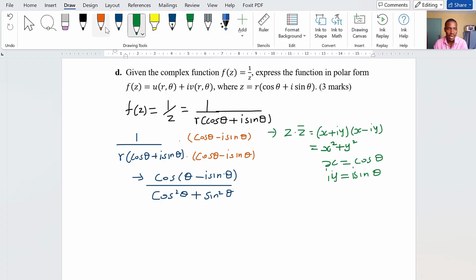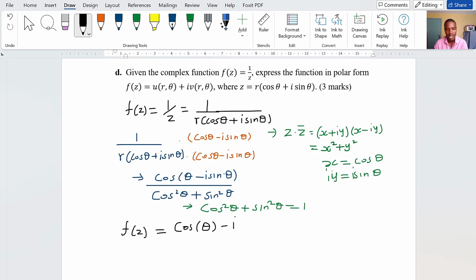Now, we bring back our things, but before then, we need another thing, trigonometry. We know that cos squared theta plus sine squared theta is equal to 1. Now it means our f of z is equal to cos theta minus i sine theta, all divided by r, because r times 1.